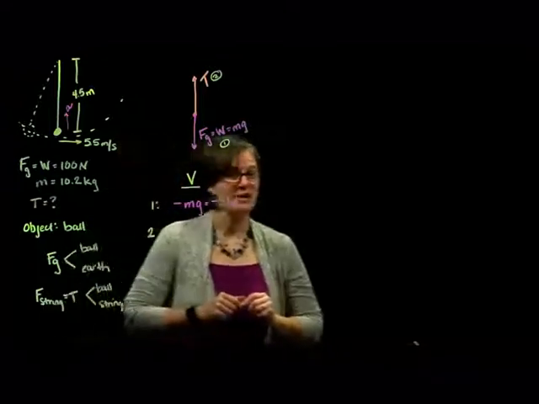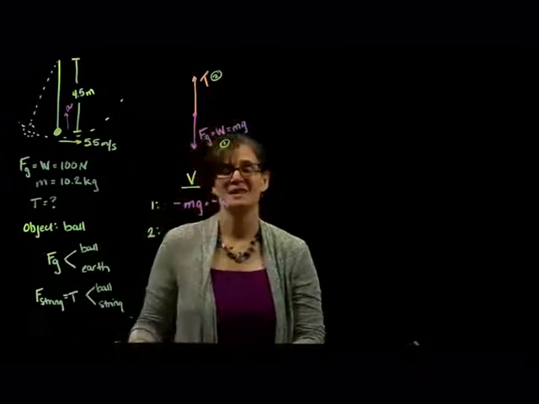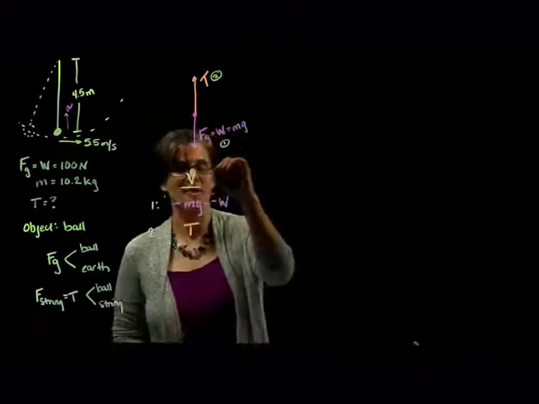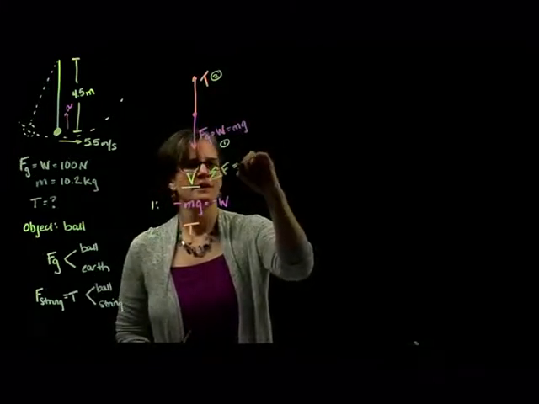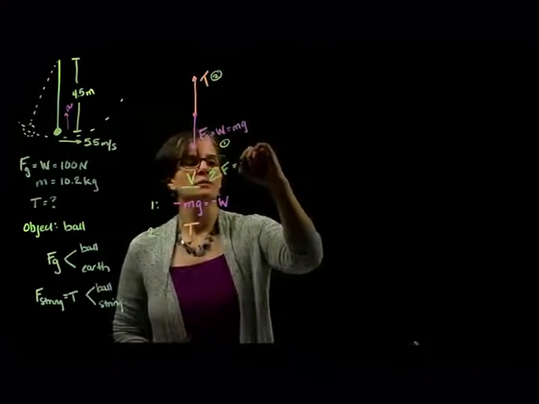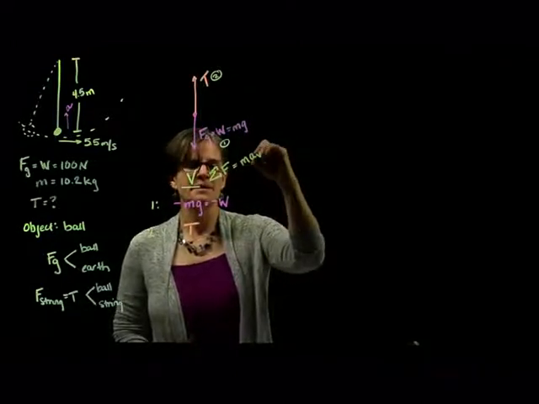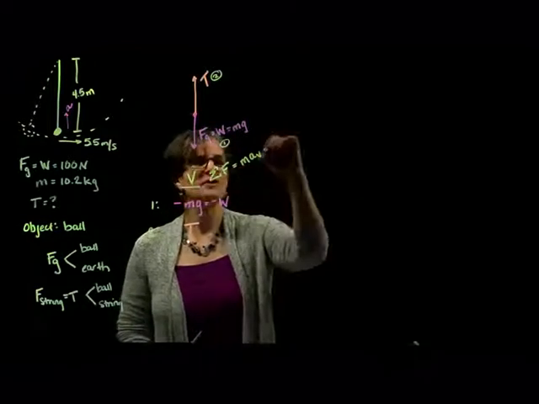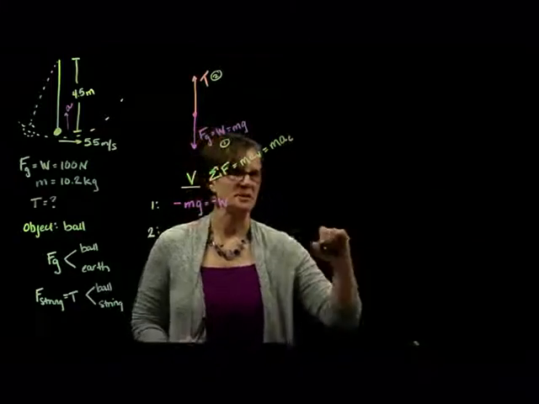Moving through our analysis, we know that the sum of the forces acting in any one direction provides that direction's acceleration of that object. So we know that the sum of the forces, the net force, is equal to mass times acceleration vertically. And we said that that object is moving in a circle, so that vertical acceleration is our centripetal acceleration.